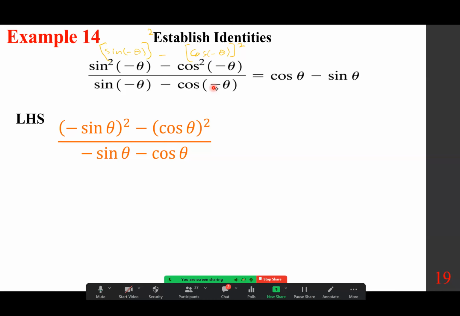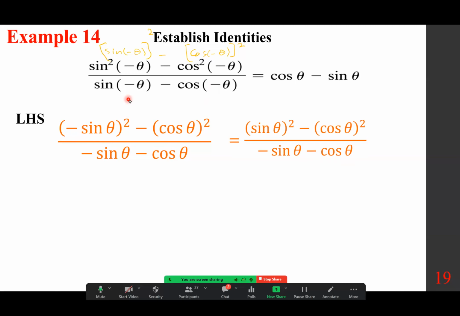And all we have to do is simplify. So when you square this, it becomes sine squared theta. When you square this, it becomes cosine squared theta. So simply put, this negative, because it gets squared up, makes no difference. So sine squared minus cosine squared.